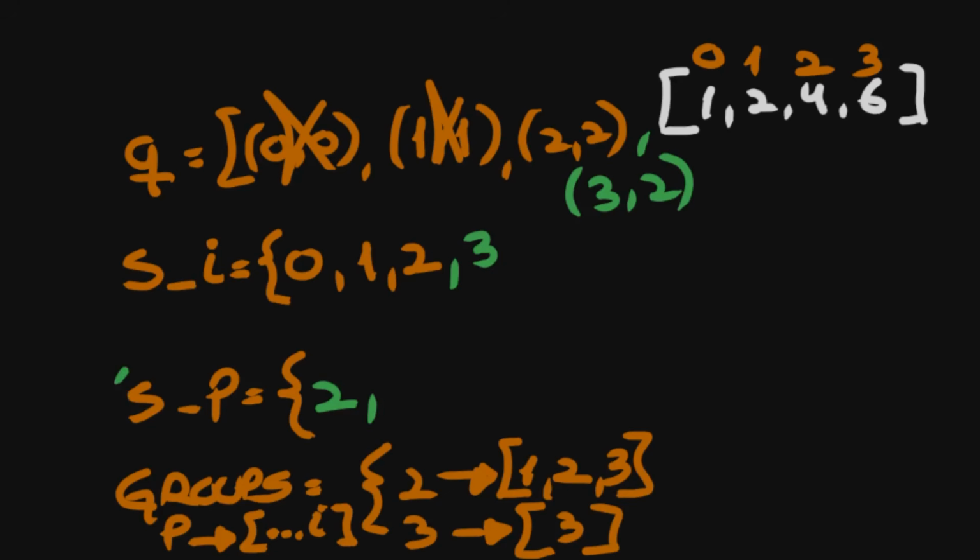And maybe you are wondering, why do we have a set with prime numbers? Why don't we just stick to this set with indices that we have already seen only? Well, the answer is that if we have a repeated prime number, let's say that next we have a 2 at index 4, we don't want to go over these indices again. If we have this at index 4, this means that here we have an array with 1, 2, 3, 4.